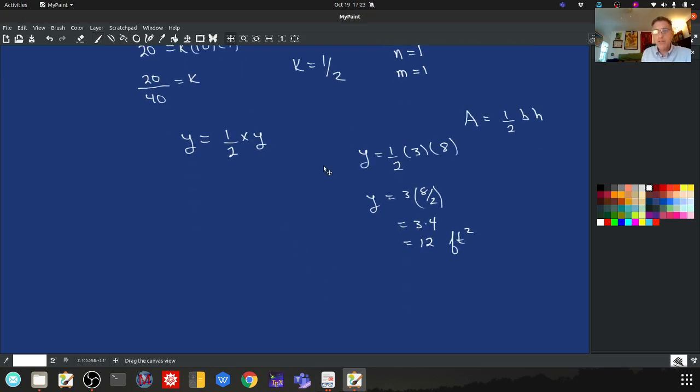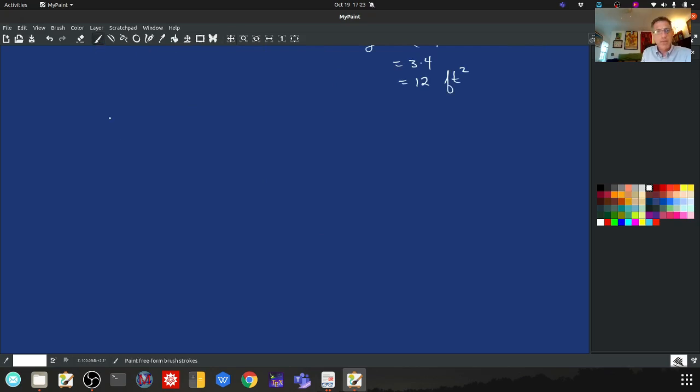So how would this look if we used function notation? So my k is 1/2 times x, y. Well, this is a function in 2 variables. So we have a notation for that.